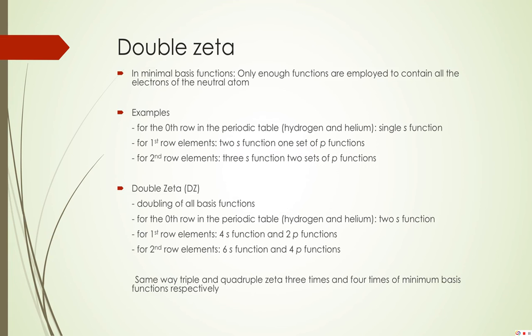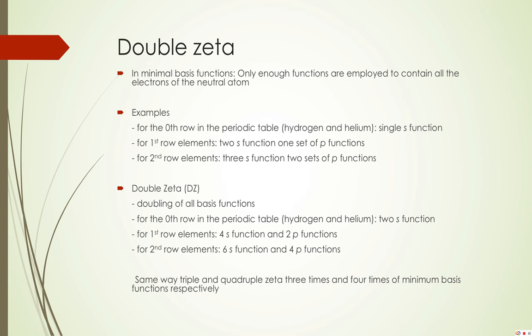Double zeta. In minimal basis sets, only enough functions are employed to contain all the electrons of the neutral atom. Example, for the zeroth row in the periodic table, hydrogen and helium, a single s function. For first row elements, 2s functions, 1 p function. For second row elements, 3s functions and 2 p functions. Double zeta, DZ: doubling all basis functions. Like for the zeroth row of the periodic table, hydrogen and helium, 2s functions. For first row elements, 4s functions and 2p functions.